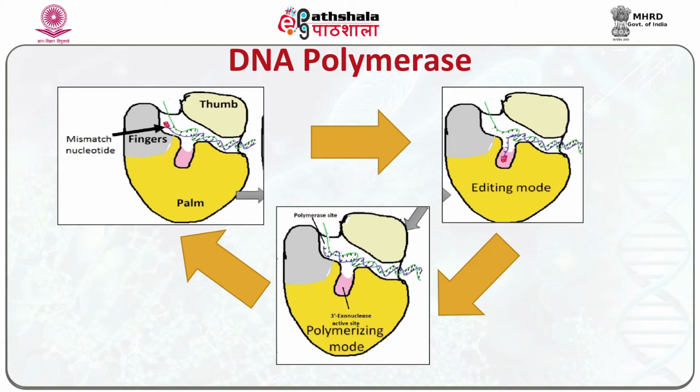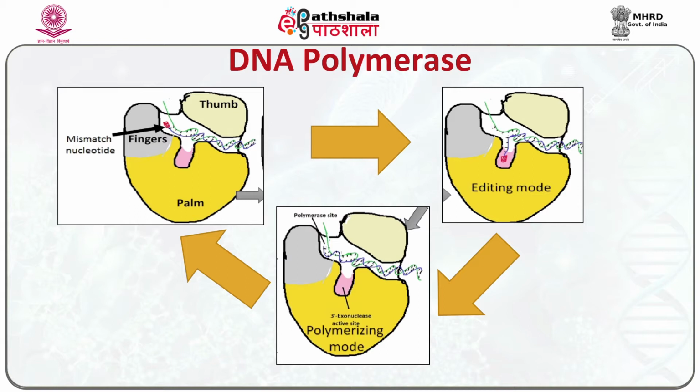DNA polymerase 5' to 3' polymerization site has impressive ability to select correct nucleotides as well as distinguish deoxyribonucleotides from dideoxyribonucleotides for complementary base pairing during DNA replication.